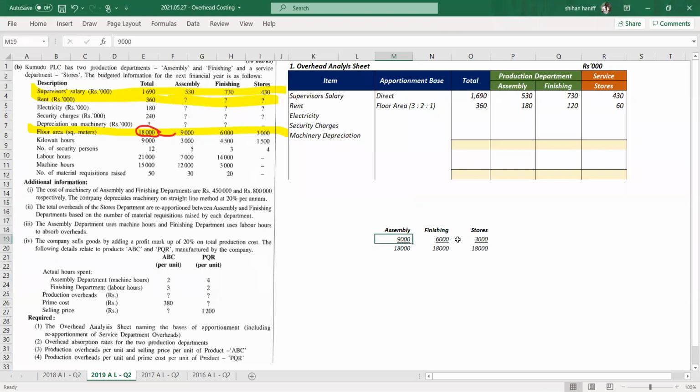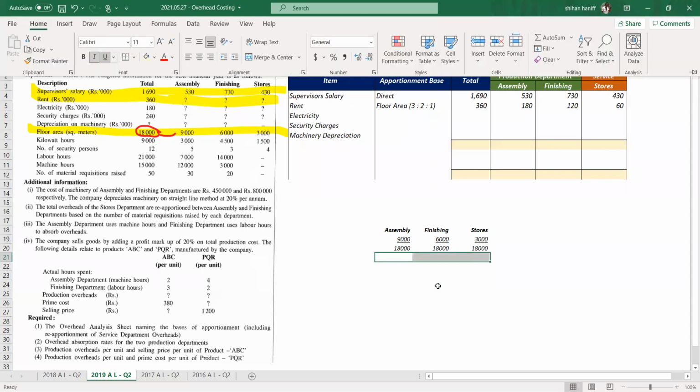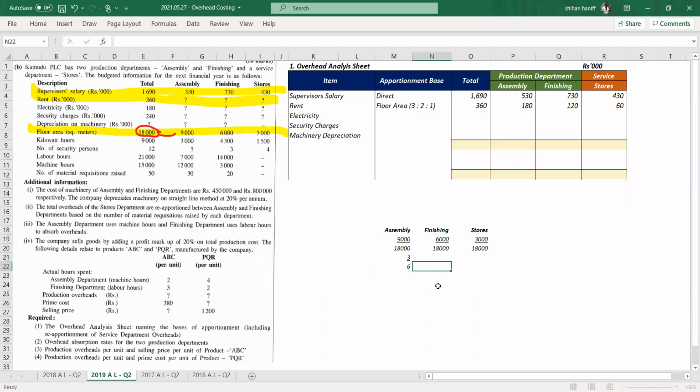If you divide this, it is 3 over 6, 2 over 6, and 1 over 6. So this is the rate which I took here, 3 is to 2 is to 1.